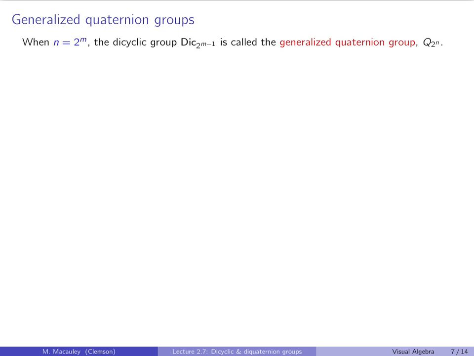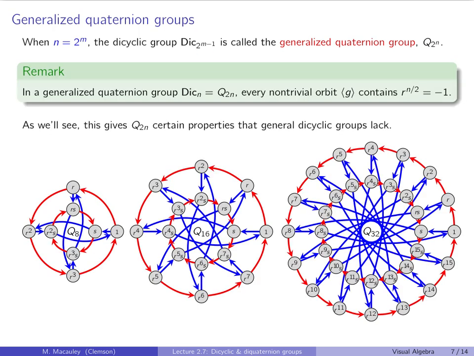As I mentioned earlier, when n is a power of 2, then the dicyclic group is called a generalized quaternion group, and we use the subscript to match the order of that. So dic_{2^(n-1)} is the group Q_{2^n}. As we'll see, especially in later chapters, a reason for singling out these dicyclic groups as generalized quaternions is because they contain certain properties that general dicyclic groups lack, that the quaternion group, Q8, has.